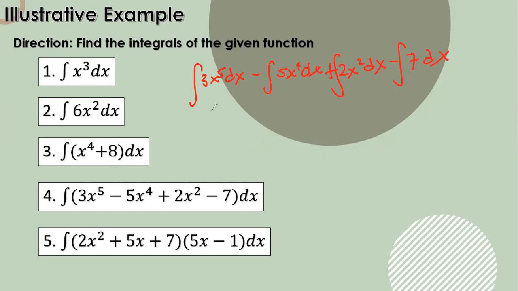Now, let's integrate term by term. So for 3x to the fifth dx, the integral of that is 3 multiplied by x to the sixth over 6, minus 5x to the fourth, so 5 multiplied by x to the fifth over 5, plus 2 multiplied by x cubed over 3, minus 7x.